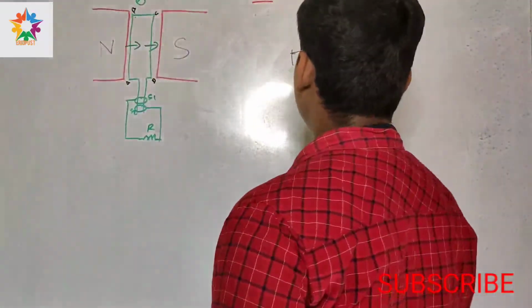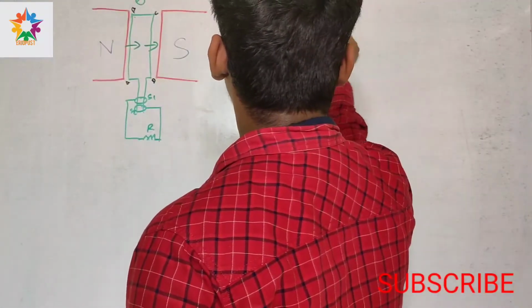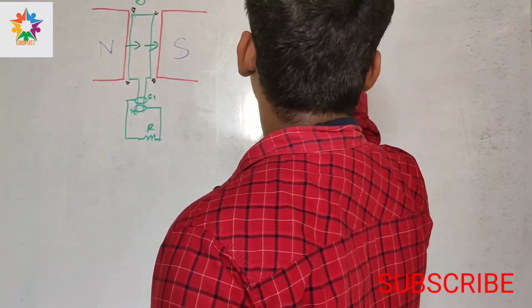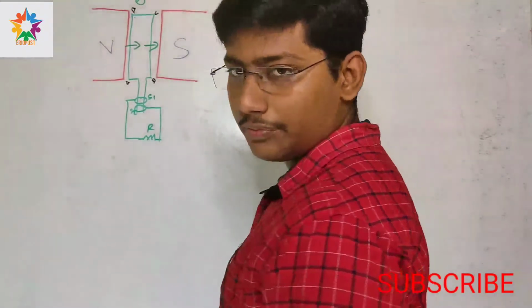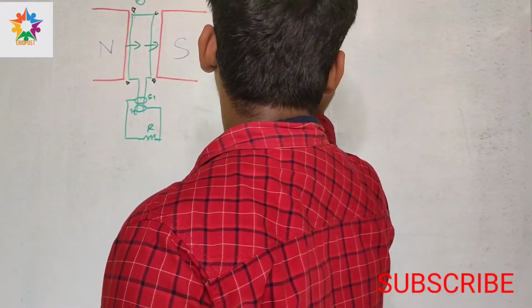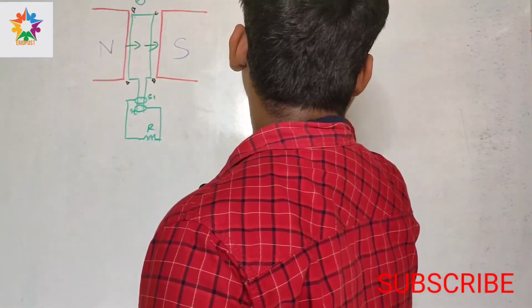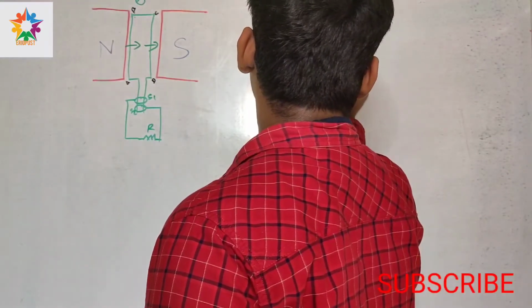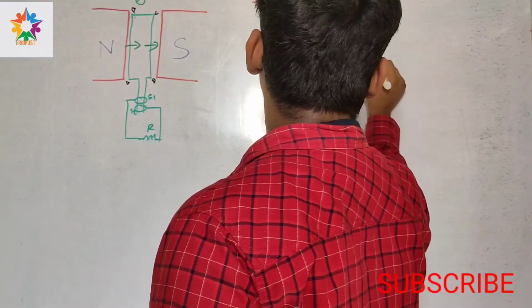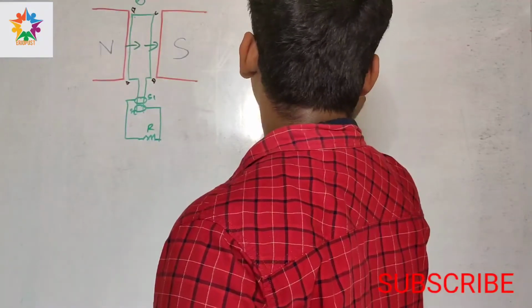We know from Faraday's law, the EMF induced is directly proportional to minus d phi by dt. From previous, we have derived that E is equal to minus n d phi m cos omega t by dt.